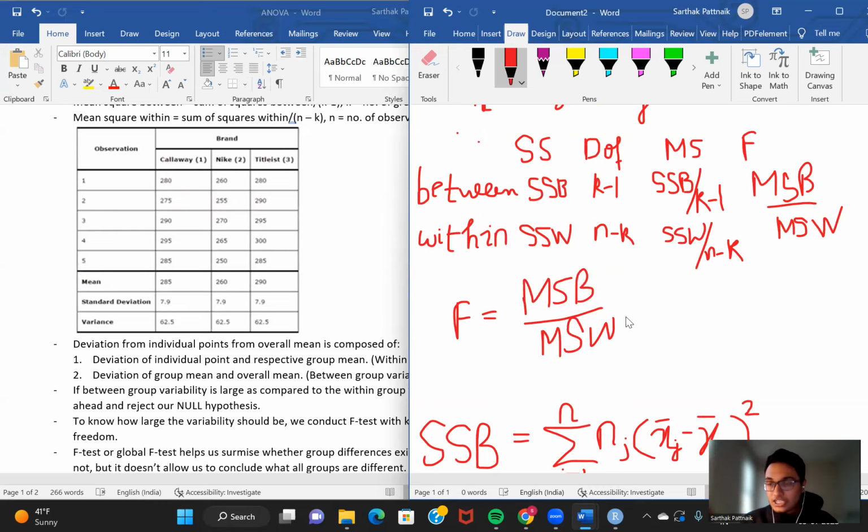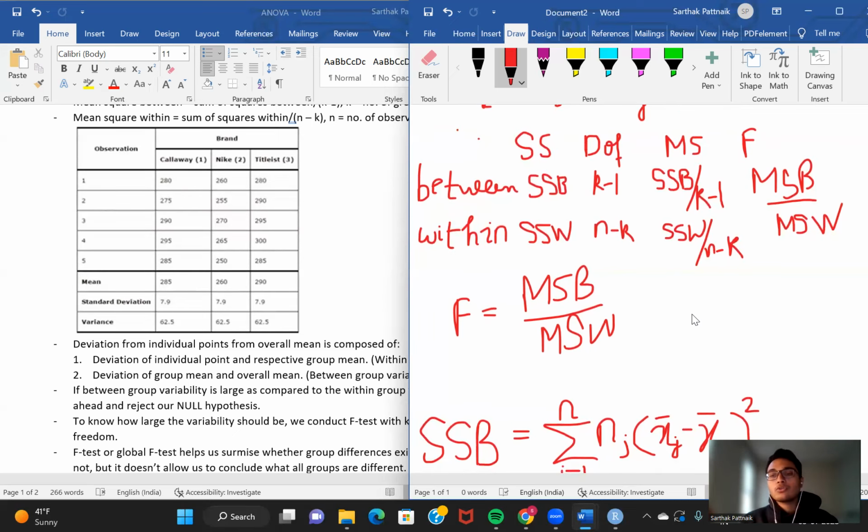But the question is, how large should the between group variability be as compared to the within group variability? Well, to answer that question, we need to perform a global F test at k minus 1 and n minus k degrees of freedom.